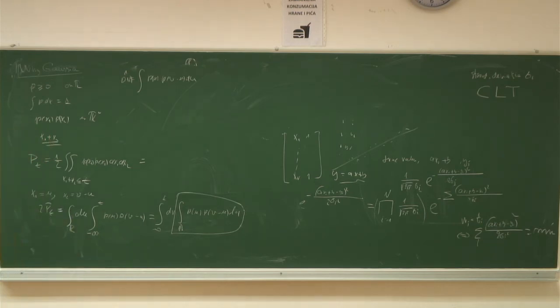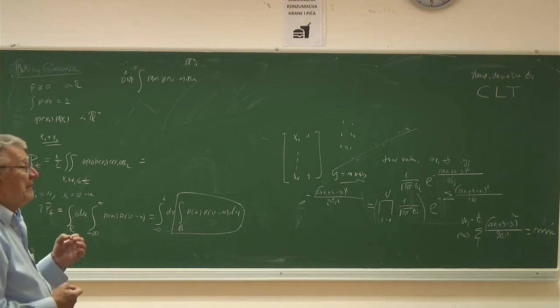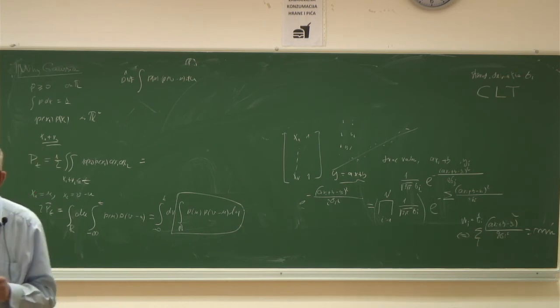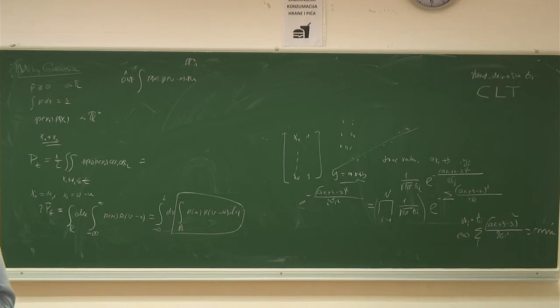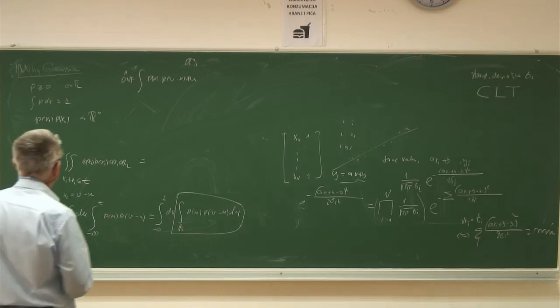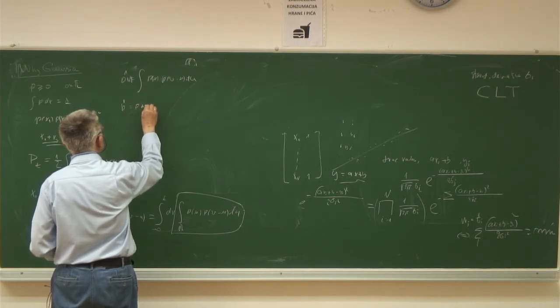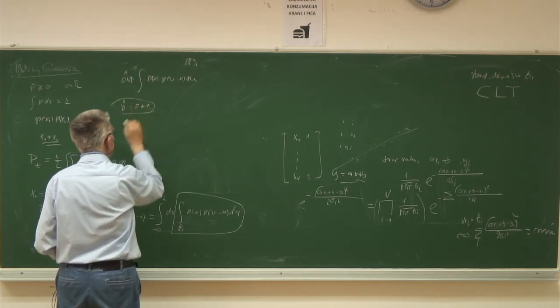So repeating a measurement or experiment which has a given distribution independently leads to a new distribution, which is the convolution of the first one with itself. So we can write p hat is equal to p star p, the star is the convolution.